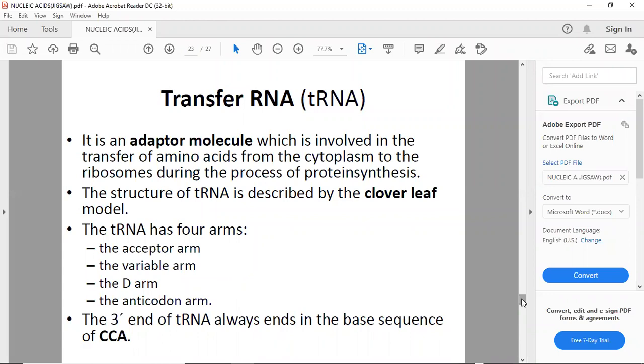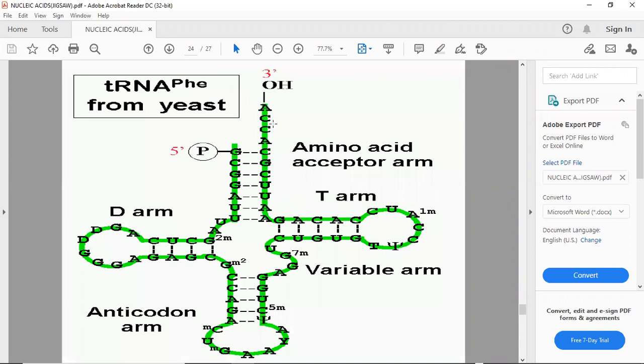Of importance to note is that the 3' end of the transfer RNA always ends in the base sequence CCA. So this is simply a representation showing transfer RNA. You have the variable arm, the anticodon arm down there, the D arm, the amino acid acceptor arm, and the T arm.